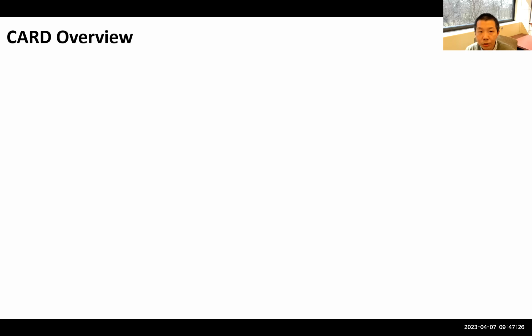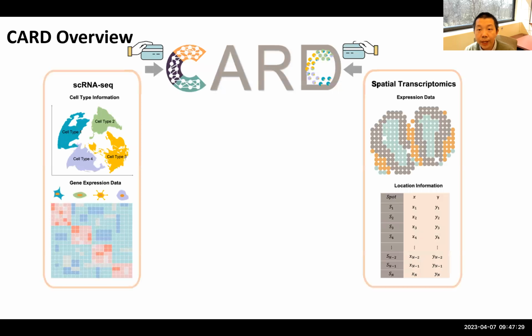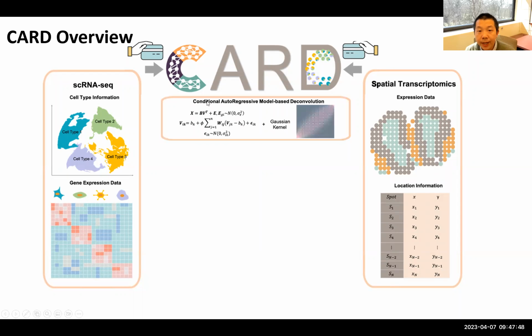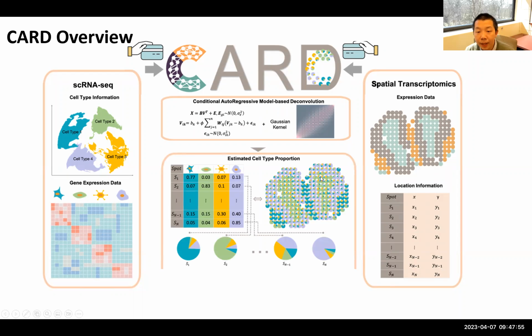So just to summarize the procedure of CARD. We have our spatial transcriptomics data listed on the right-hand side. Our goal is to perform deconvolution on each of those measured locations, or measured spots. If we have single cell RNA sequencing data, we can use that as a reference. If you don't have that, it's still okay; we can do a reference-free deconvolution. The model is based on the conditional autoregressive model-based approach, and we can deconvolute each measured location into a cell type composition matrix.